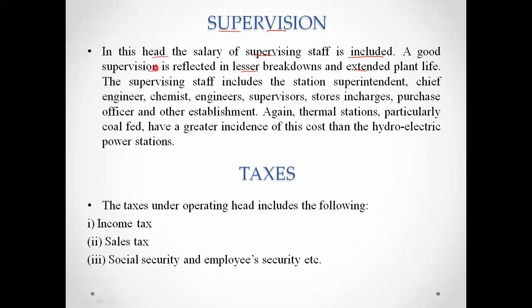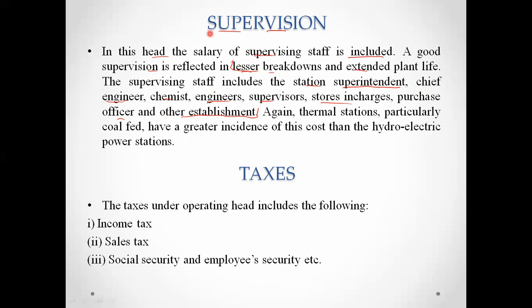So if the supervisor is doing the job perfectly, we will get fewer breakdowns and the plant life can be increased. The supervising staff include the station superintendent, chief engineer, chemist, engineers, supervisors, store in-charges, purchase officers and other establishment.